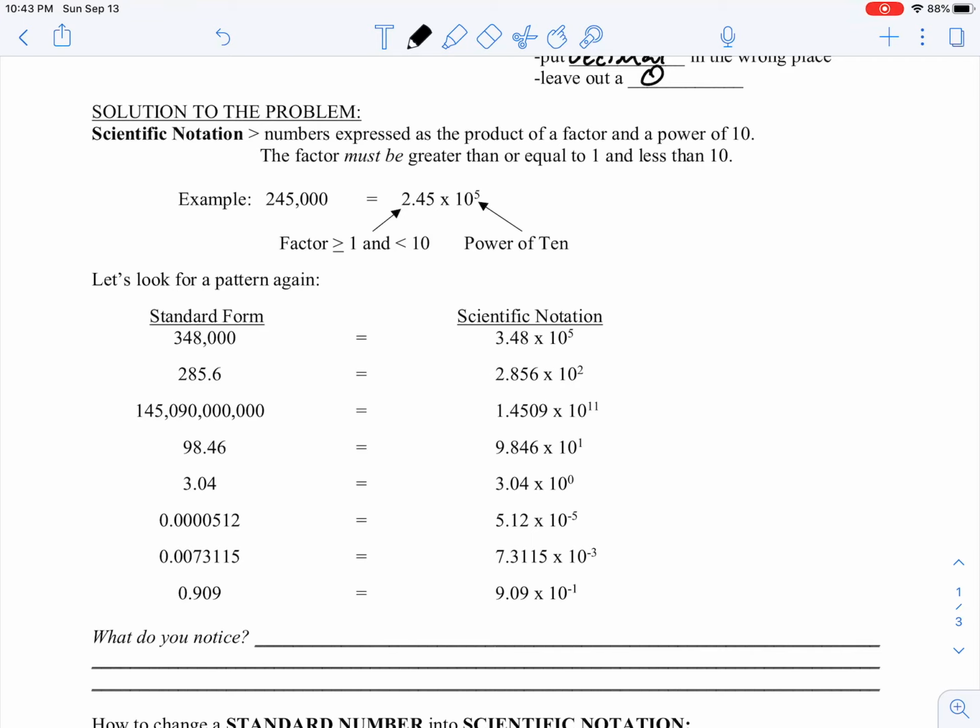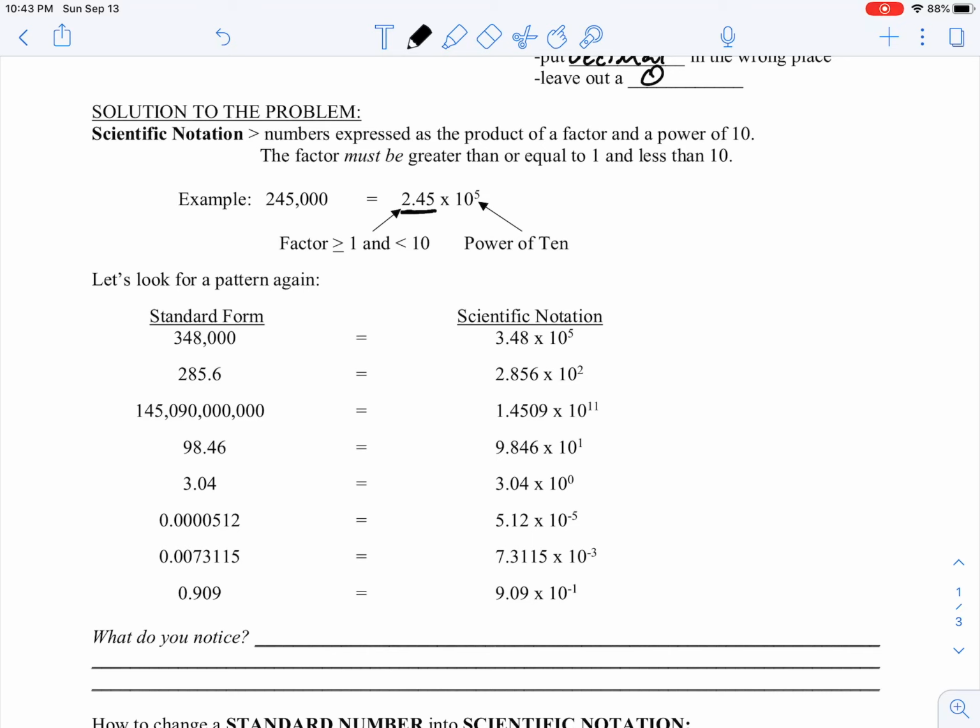So the power of 10 part should look a little familiar since that's what we did with the last couple days. So one thing is the factor must be greater than or equal to 1 and less than 10. So as we see here, this one, 2.45, is in between 1 and 10.